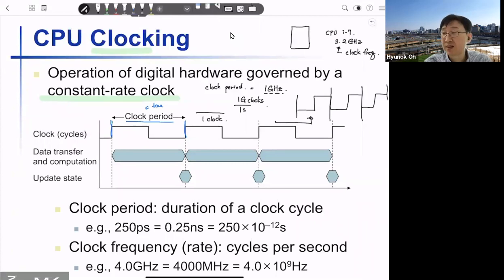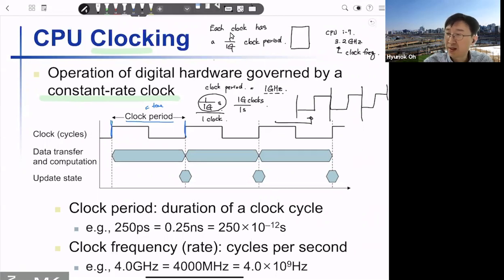We need 1 over 1 giga, in seconds. So each clock cycle has a clock period of 1 over 1 giga.